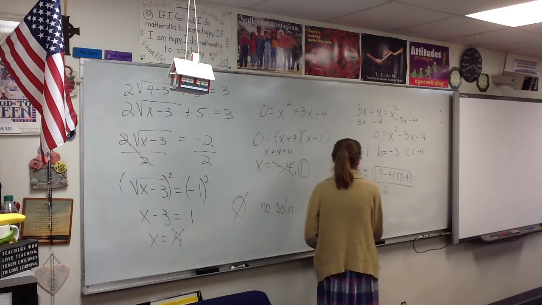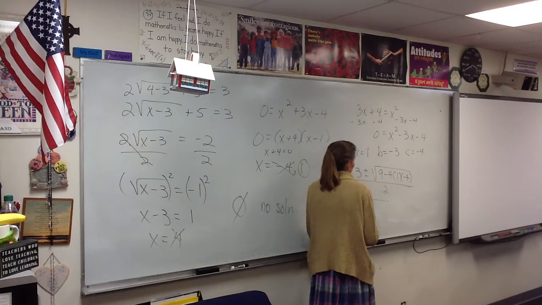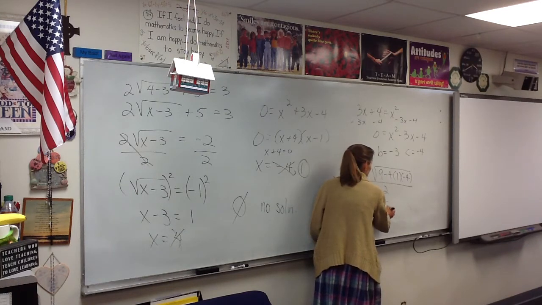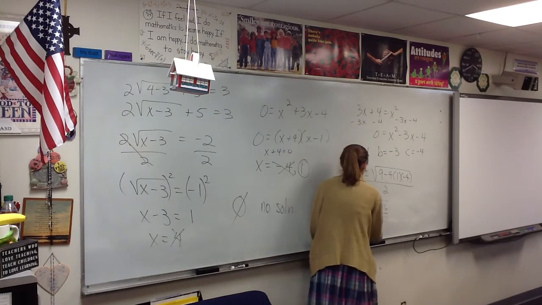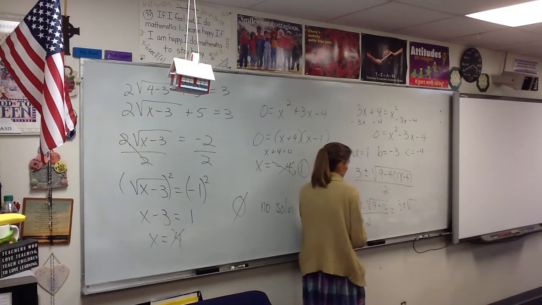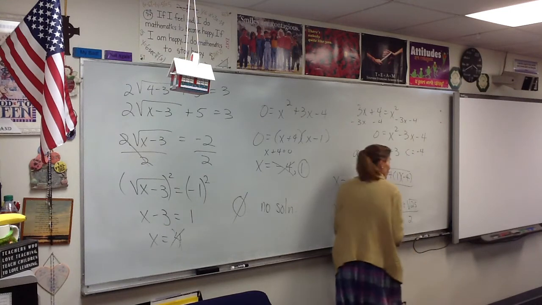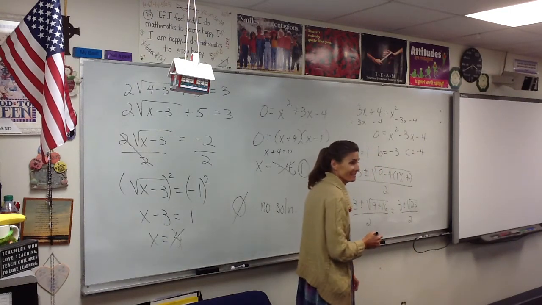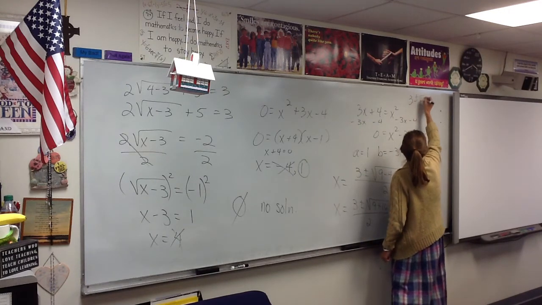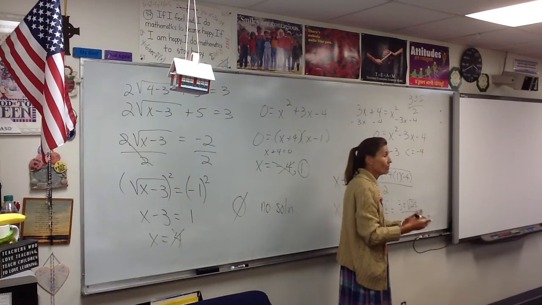So x equals 3 plus or minus the square root of, all right, what have we got under there? 9 plus 16? And 9 plus 16 is 25. And the square root of 25 is 5. So we have 3 plus or minus 5 over 2. Now this is one of those that you have to take on farther.